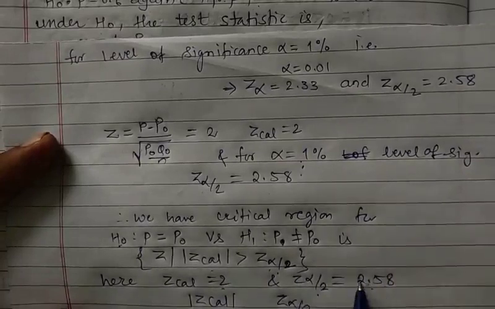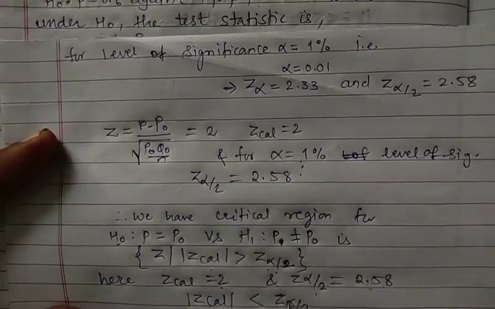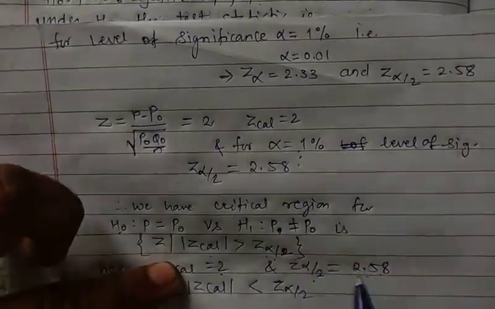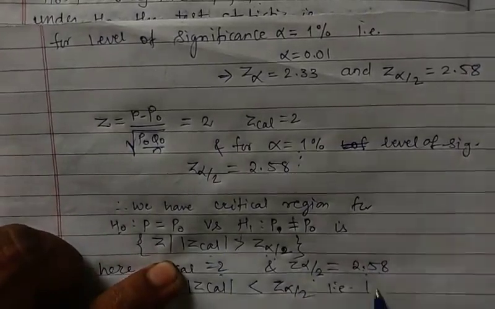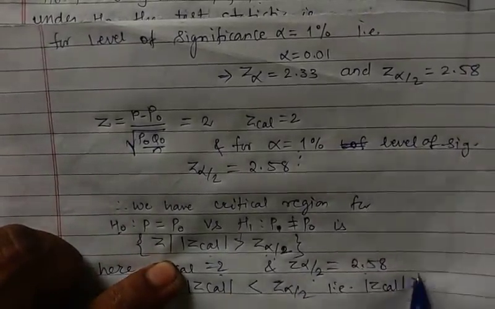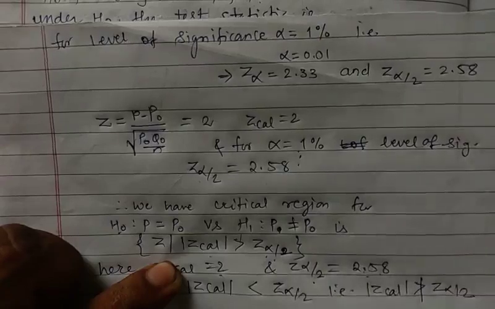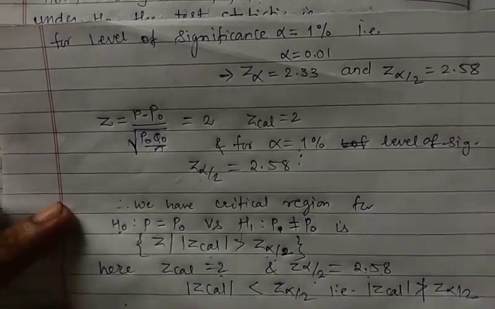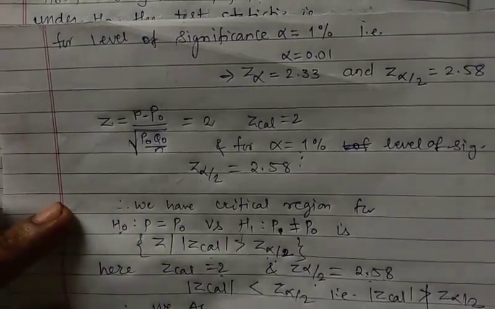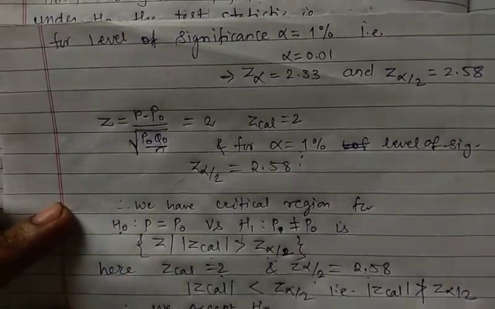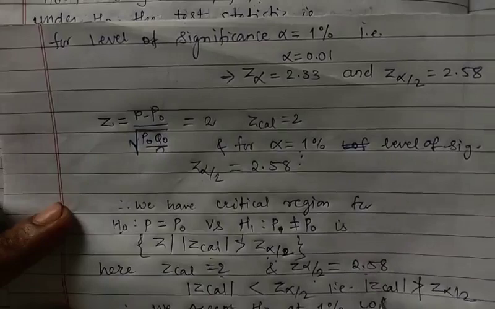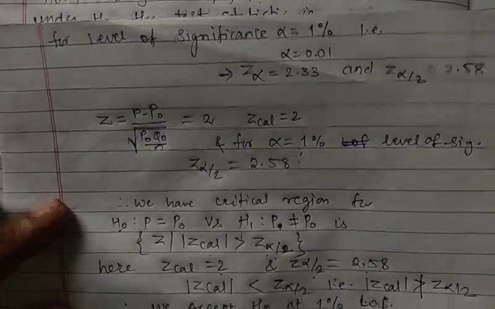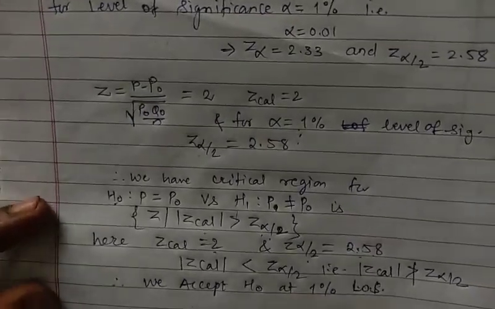Among these, 2.58 is greater than 2. So Z calculation is less than Z alpha by 2. That is, mod Z calculation is not greater than Z alpha by 2. Therefore we accept H0 at 1% level of significance.